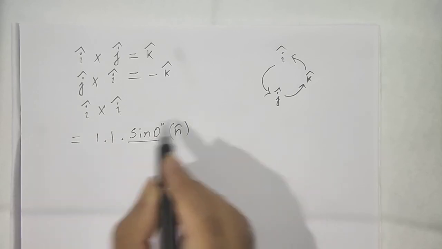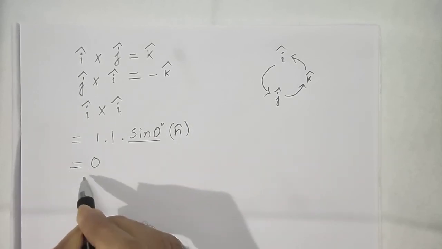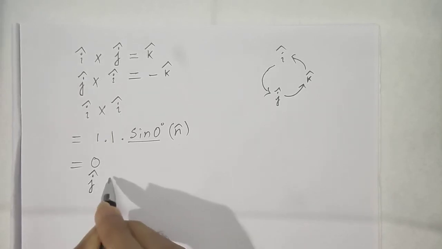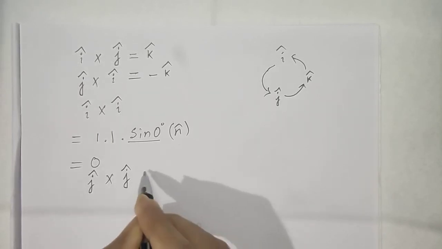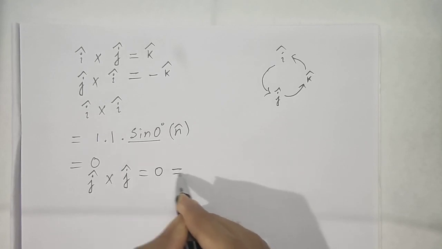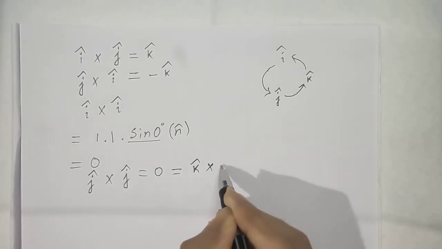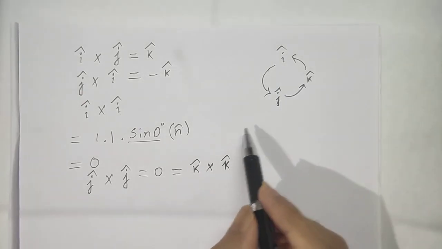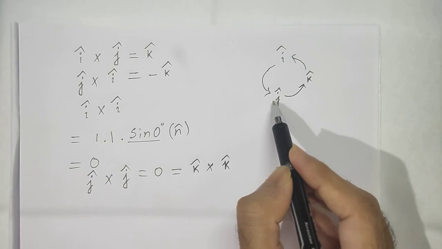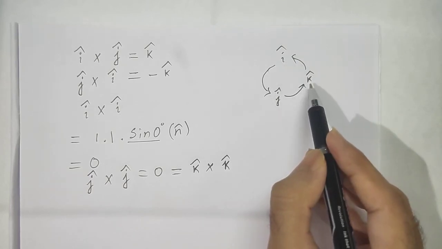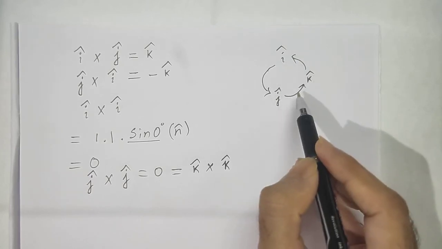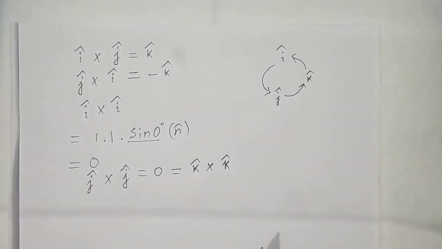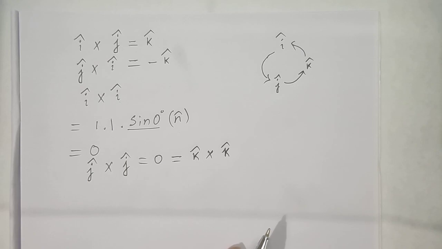That's why this total value will be 0. Similarly, j cap cross j cap will be 0, equal to k cap cross k cap. And the cross terms like i cap cross j cap or i cap cross k cap, you can find out from this circle. Okay, so that's it for this video.